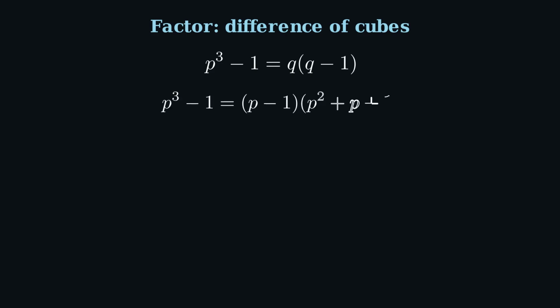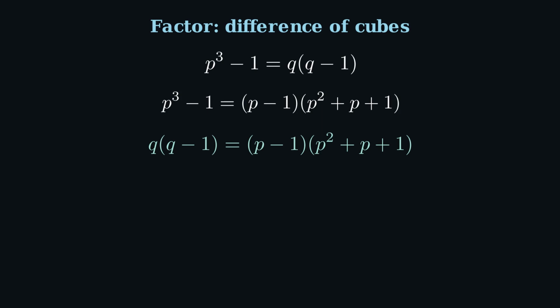Right, so we can factor the left-hand side. I'm just going to switch the order here. So we're going to write q times q minus 1 equals p minus 1 times p squared plus p plus 1. This is just standard factoring of the difference of cubes.